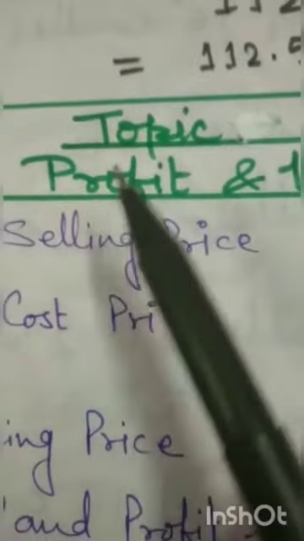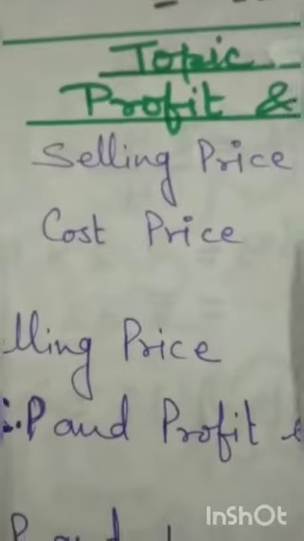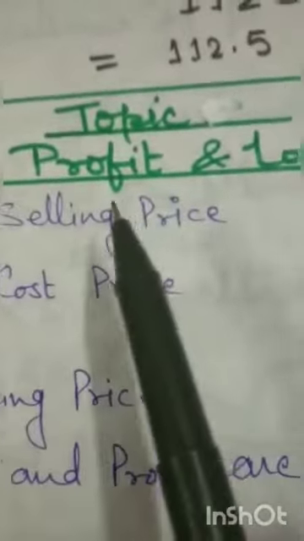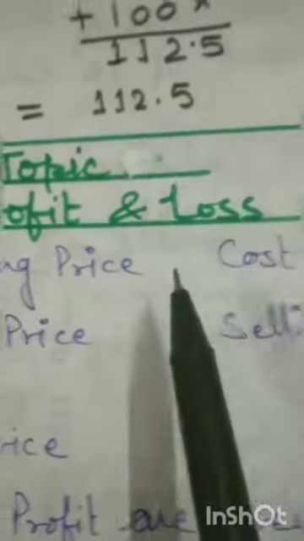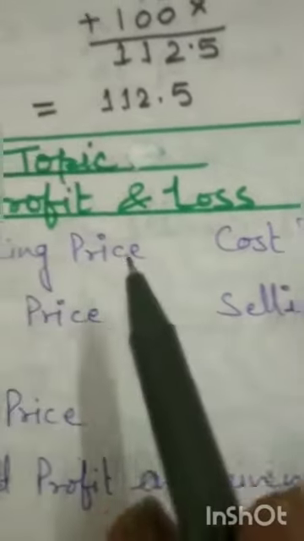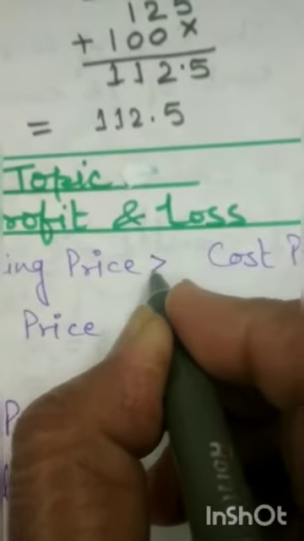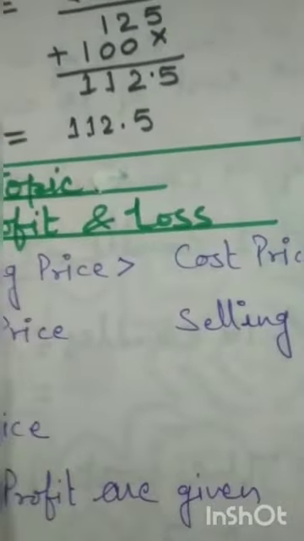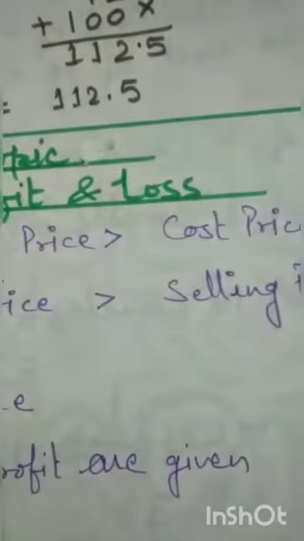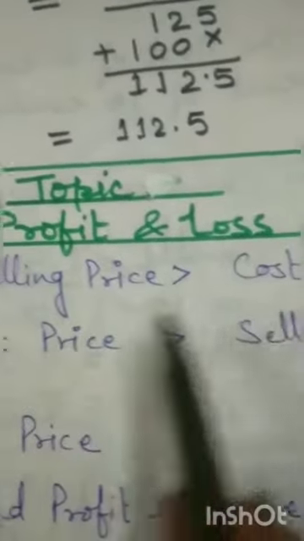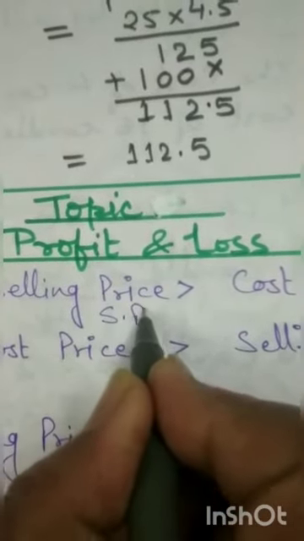Children, our next topic is profit and loss from chapter 15, Commercial Arithmetic. In profit and loss, two prices are there. One is selling price, another one is cost price. So if selling price is greater, profit will be there. If cost price is greater than selling price, loss will be there. In short, we write selling price as SP.